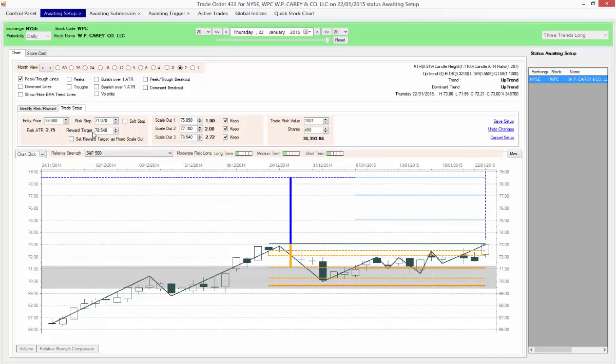But this one here, the reward target, is more important because it suggests that if the market actually goes to that level, it will begin to test that previous long-term peak, and we should consider that that be our final reward, because the market will tend to fluctuate at that point. And so we can actually set that as a fixed target. Now, by setting that as a fixed target, scale out 3 has been disabled, and the name here has changed from keep to fixed, saying that we'd like to lock in this as an important place on which to take profit.